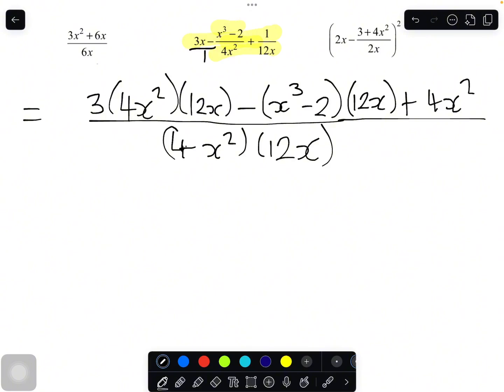Now what we're going to do is multiply all the terms in our numerator. We don't multiply our denominator immediately because sometimes it may cancel off in later steps. So 3 times 4 times 12 is 144. And then I have x squared times x will be x to the power 3.